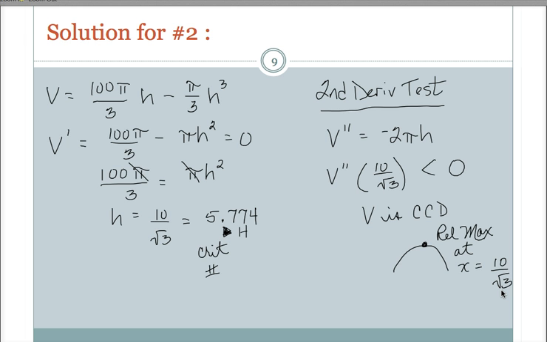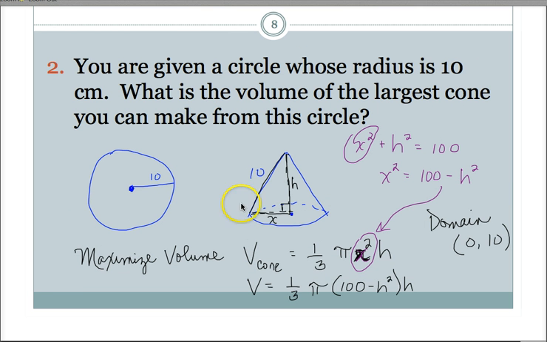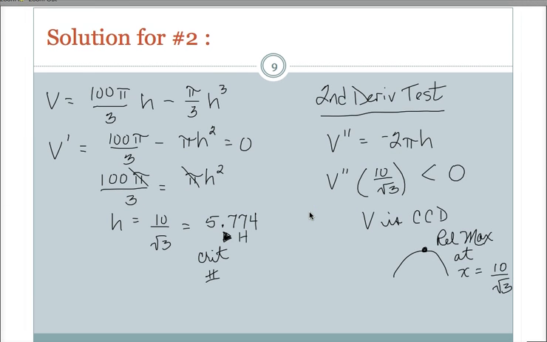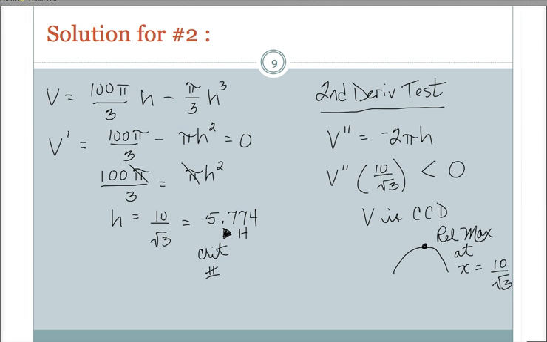So in this case, let's see, we wanted to figure out the volume of the largest cone. All right, now remember what x stood for in our picture. X was like the base, like the radius of the base. So if we want the volume, what we probably want to go back to is this. Go back here.